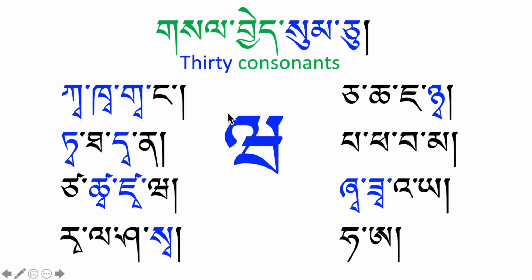So when we read, it is Ka Wassur Ka, Ga Wassur Ga, Nya Wassur Nya, Ta Wassur Ta, Ca Wassur Ca, Za Wassur Za, Sha Wassur Sha, Sa Wassur Sa. So this is pronounced as Wassur.